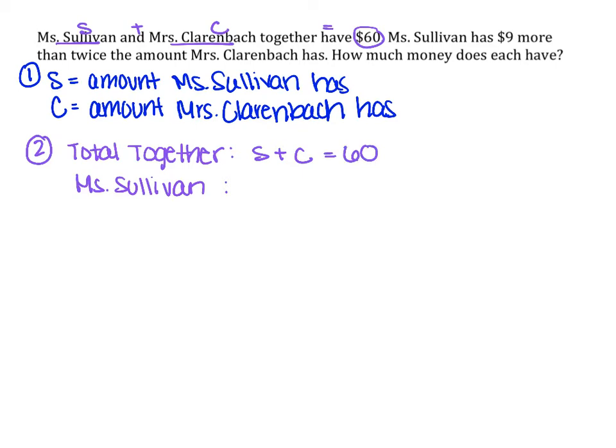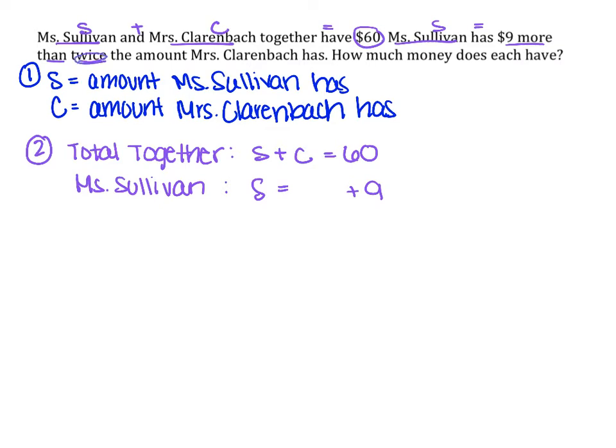And my second equation says Miss Sullivan has 9 more than twice the amount Miss Clarenbach has. So "9 more than" means we need to add 9 to something, so I'm going to have plus 9 at the end.